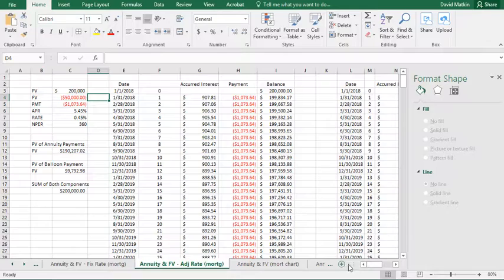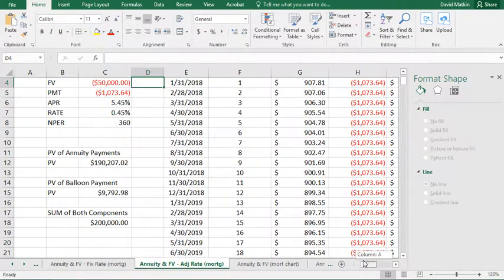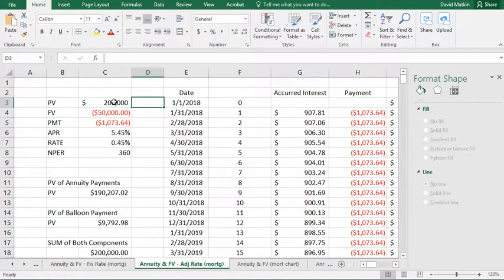So let's look at that calculation. Here's the function where we have $200,000, and that $200,000 is in exchange for once again the $1,073.64 as an annuity, but there's also this $50,000 that needs to be paid at the end.